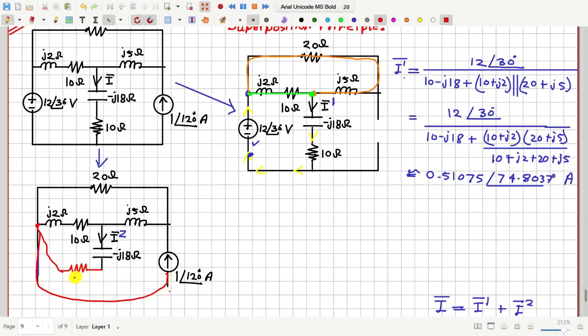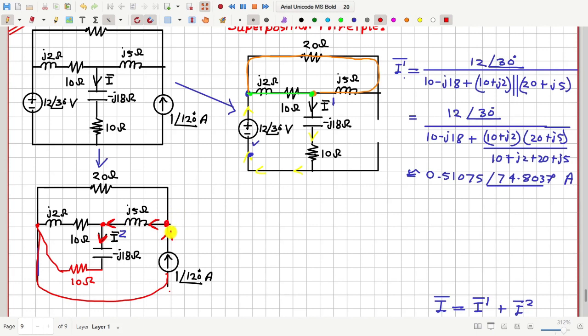And this resistance is 10 ohm. Now notice that this 1 angle 120 degree current comes here and then it finds two paths, one through the 20 ohm resistance and another through this inductor. Then that current, after reaching this junction, again finds two paths, one through this 10 plus j2 ohm path, another through the capacitor, which is what we want to calculate.